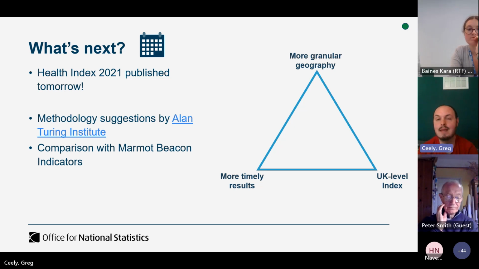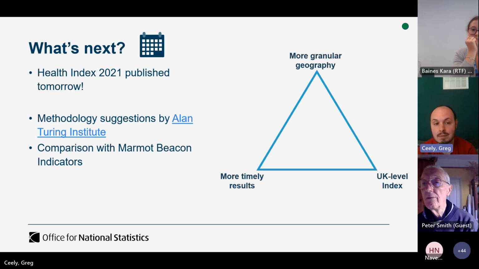It doesn't help that many health data sources have been impacted by the pandemic, both in the results they show and the interpretation those need by their producers, which could limit how quickly things are published. But similarly, many sources just weren't collected for 2020 and 2021, if not longer, because of limitations in running surveys, for example. But we are very pleased that Health Index 2021 is published tomorrow, and it represents a continuous improvement on timeliness since our first full release.